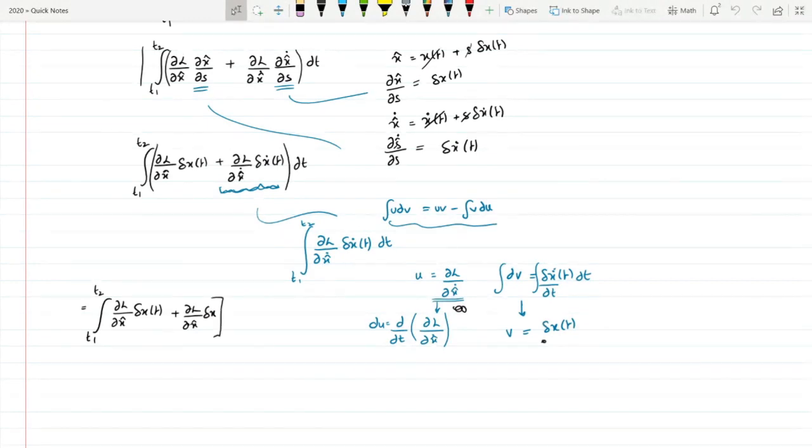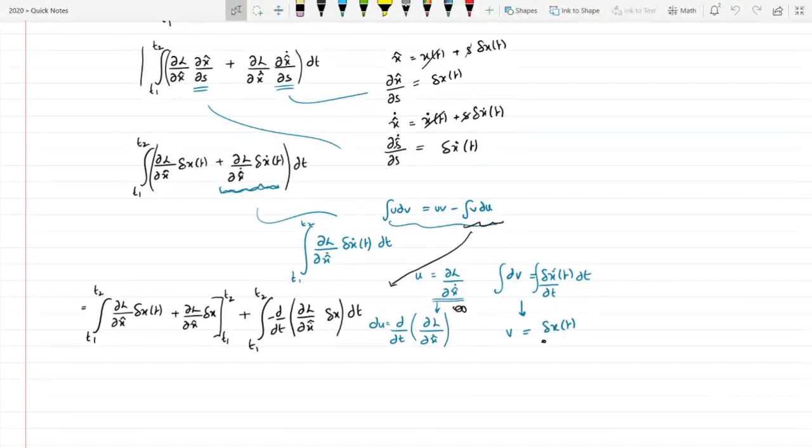This is evaluated from t1 to t2, plus this term here. This term here becomes t1 to t2 minus, we get a time derivative times, sorry.